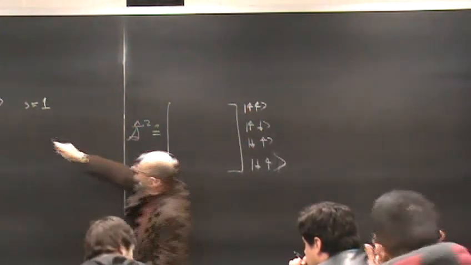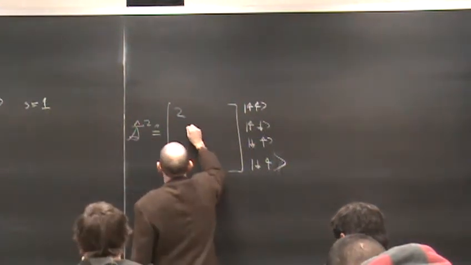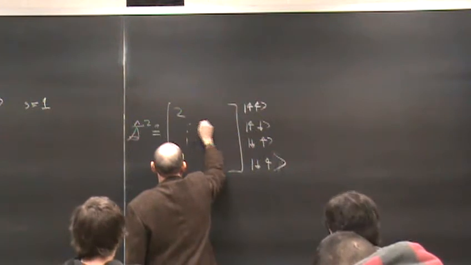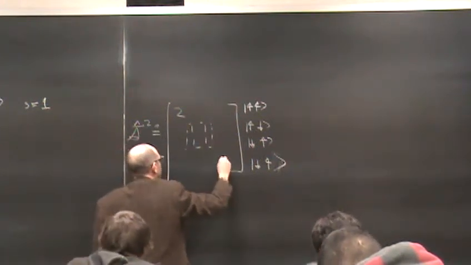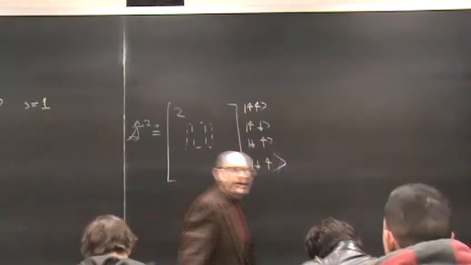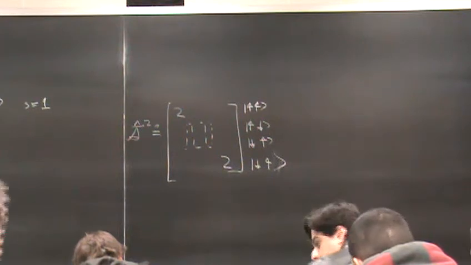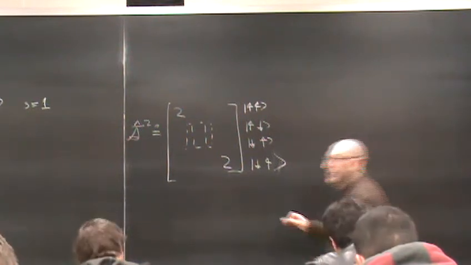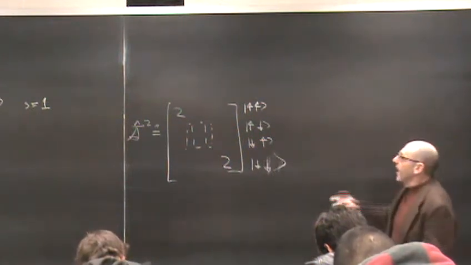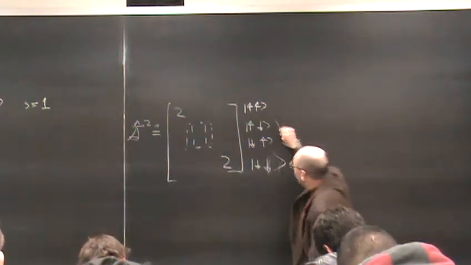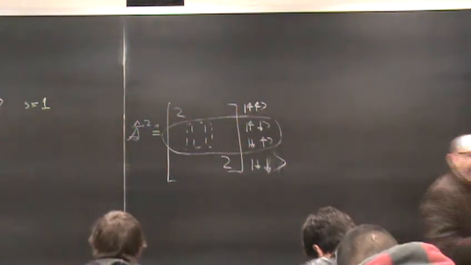That's to say, it's diagonal here, it's got 2 over there. These two guys, I got 1, 1, 1, 1, and 2. And then zeros everywhere else. Sorry, down, down. Yes, pardon me. Right? So, as expected, I need to diagonalize in this subspace, because that's where the degeneracy lies.